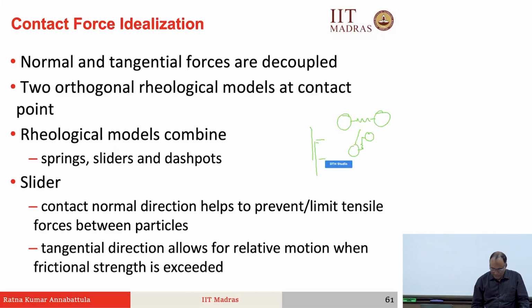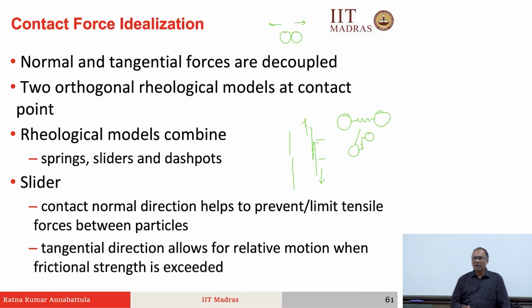As long as the sliders are close to each other, there is interaction; once the sliders move away, there is no interaction. That means you will cut the interaction after some time. If you have two particles very close, when you are pushing them, there is a contact force, but when you are separating them out, there is eventually no resistance.